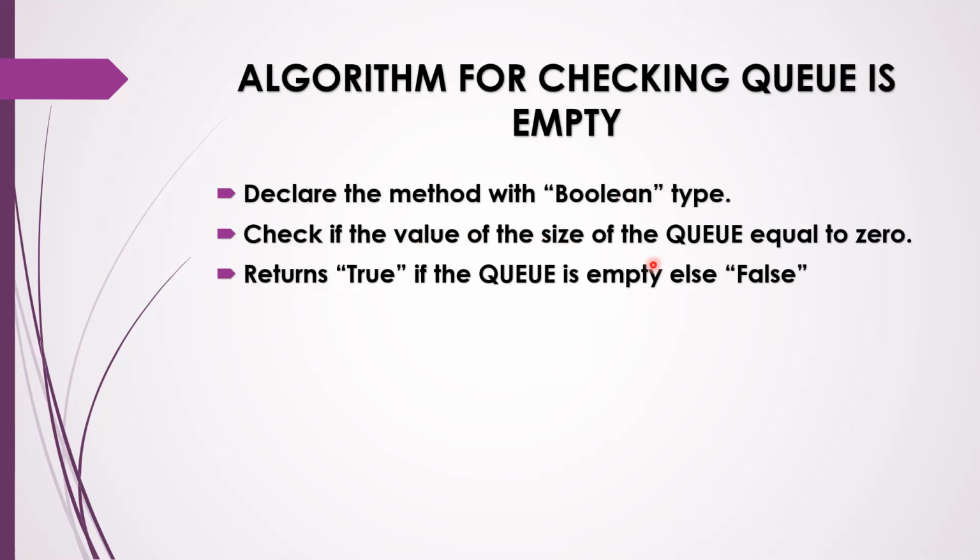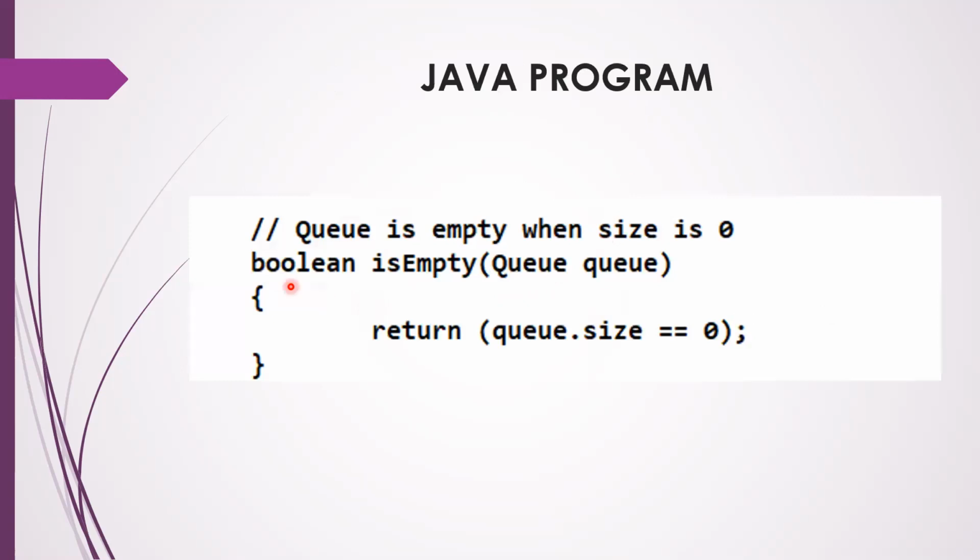So check if the size of the queue is equal to 0. If the size of the queue is equal to 0, then it will return true, the queue is empty. Else it is false. So for example, this is a program. Boolean is a primitive data type. You have given the name isEmpty. Now you have given the parameter, the class.